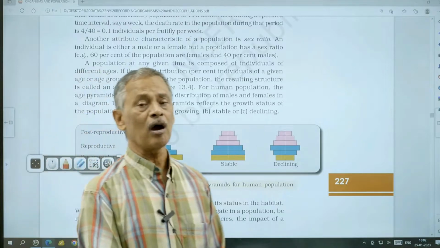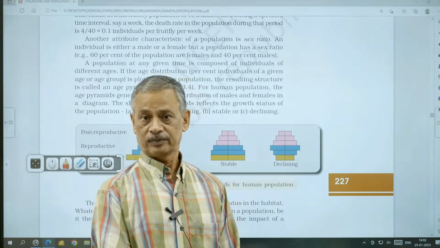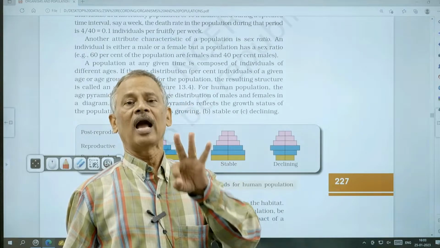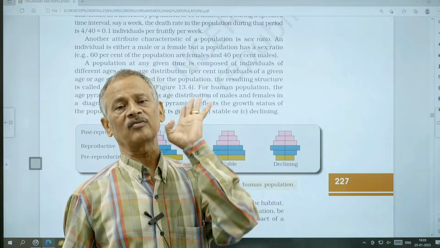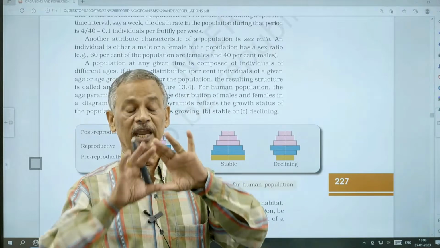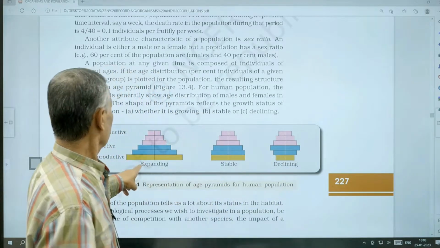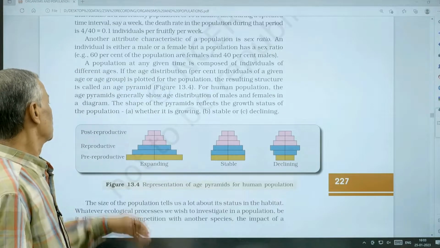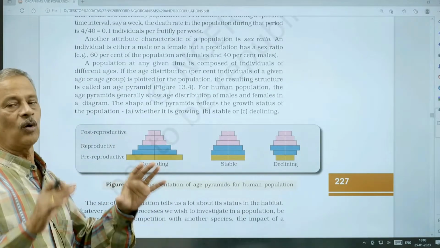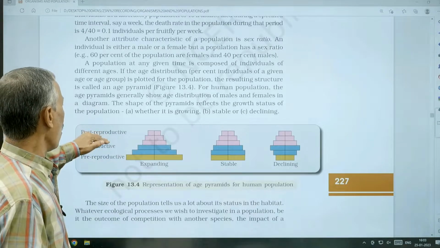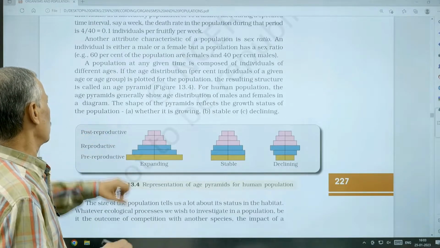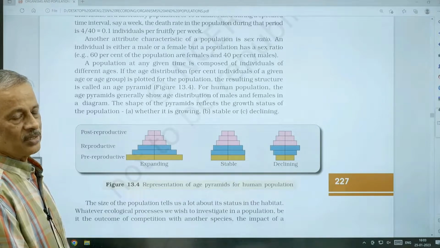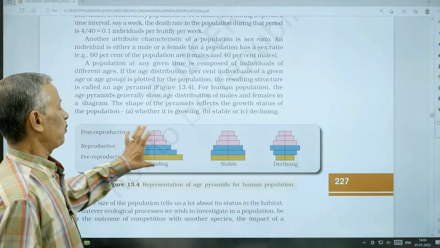All of them are not of the same age. And the most accepted and convenient classification of age distribution is pre-reproductive, that is young, reproductive, which is now actively engaged in reproduction, and old, which has lost that ability to reproduce, post-reproductive.